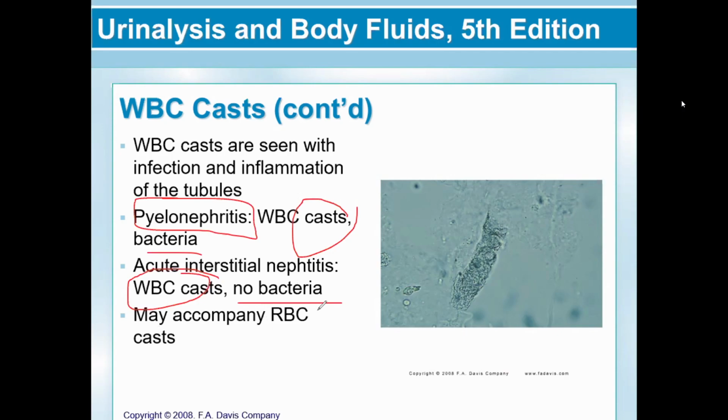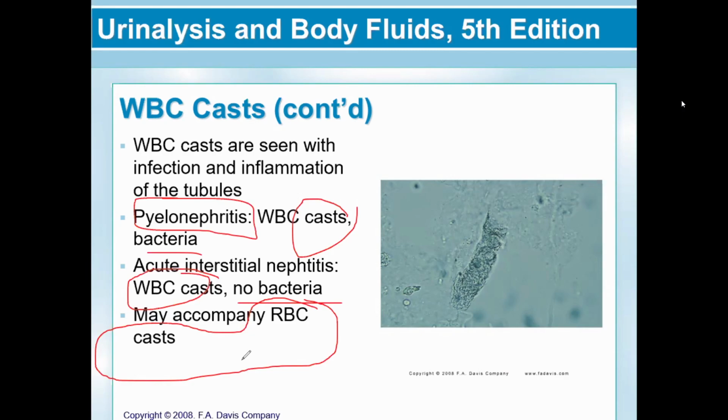So it may accompany then your red blood cell casts in pyelonephritis. Kasi minsan, lalo na pagka severe na yung infection, guys, pati yung mga interstitial or surrounding tissues natin, and that may lead to bleeding. Okay? So minsan natatrap pati mga red cells, kaya may RBC casts na din.